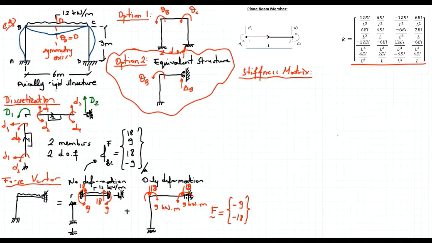So let's do it. So case 1, the rotation d1 is equal to 1, but the translation, the second degree of freedom, is equal to 0.